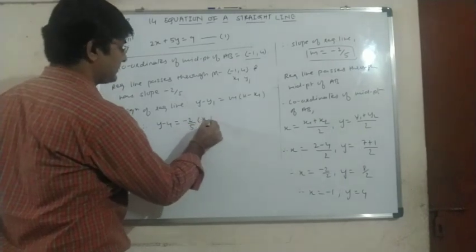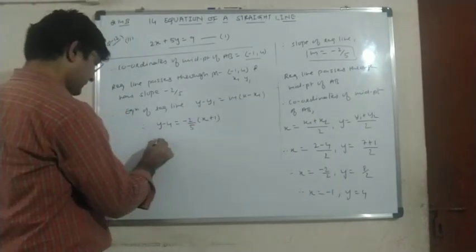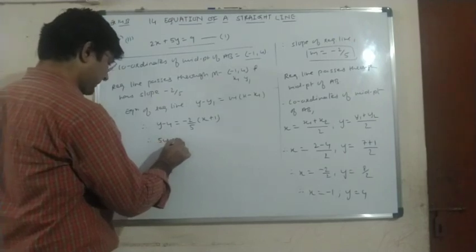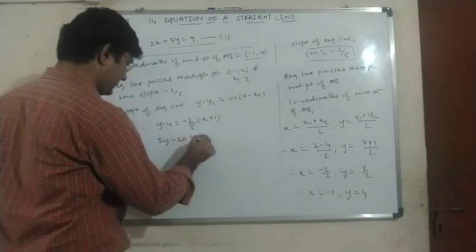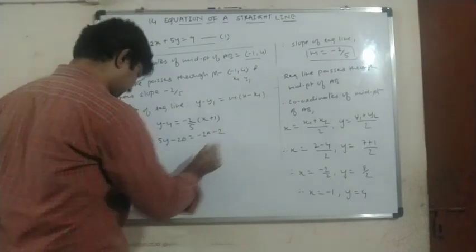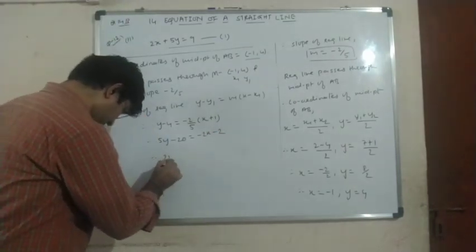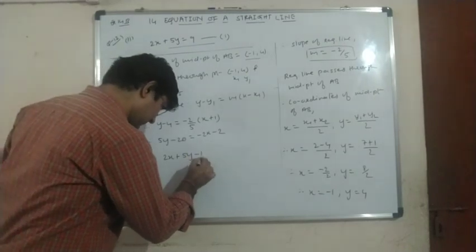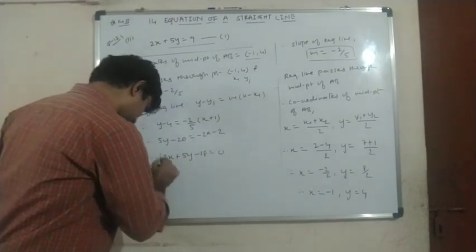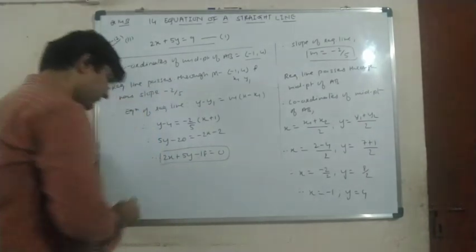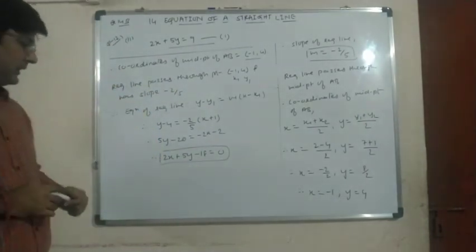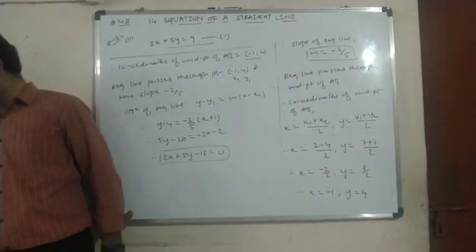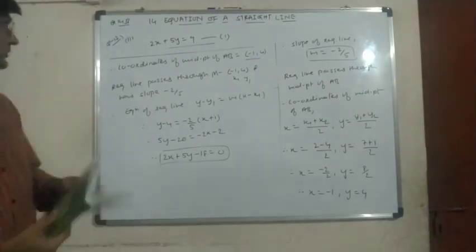Into x minus minus 1, so plus 1. Let us simplify. Therefore 5y minus 5 4s are 20 is equal to minus 2x minus 2. Therefore 2x plus 5y minus 18 is equal to 0. This is the equation of the required line. 2x plus 5y minus 18 is equal to 0.